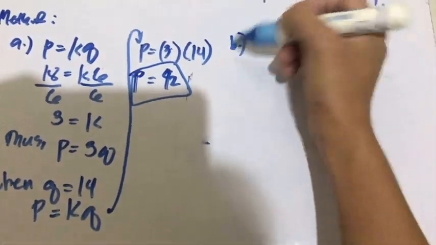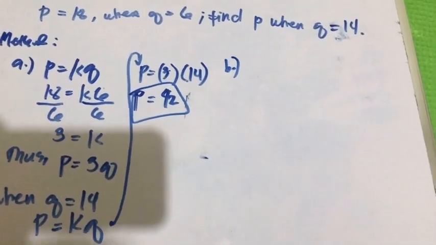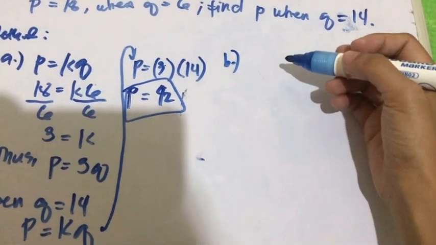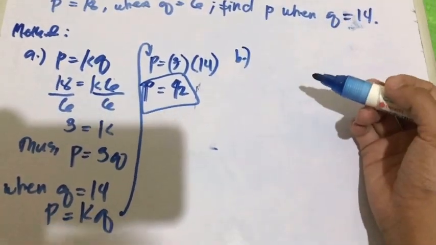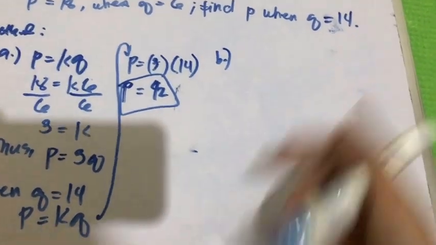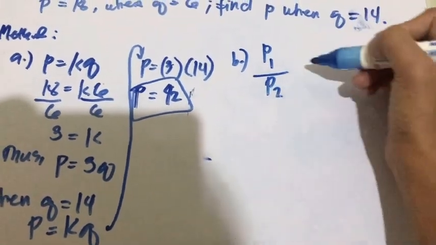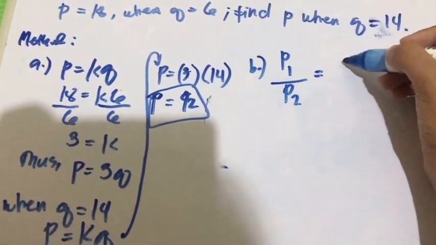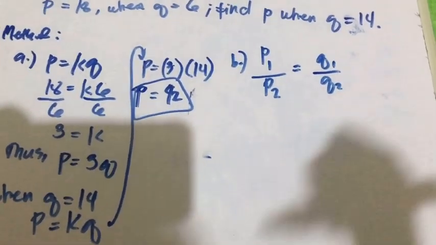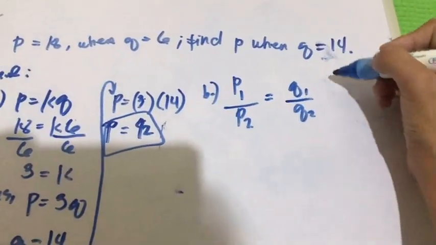Now let us try by using method B. Since we are using P, then we will use the same thing. We have here P sub 1 over P sub 2 is equal to Q sub 1 over Q sub 2. So let us identify our values here.